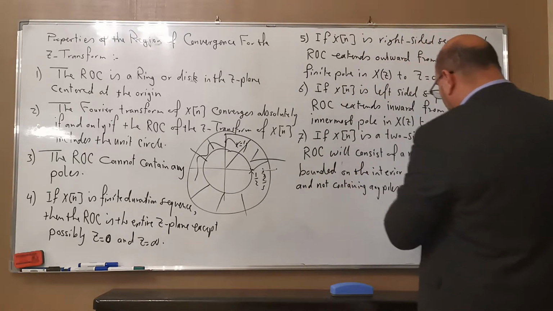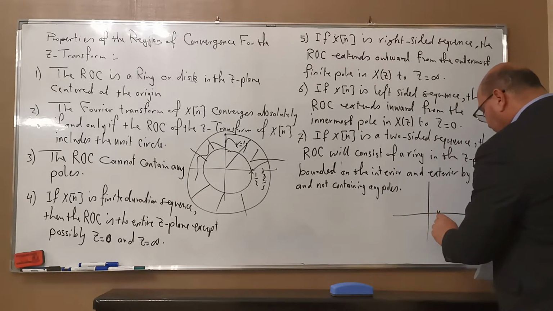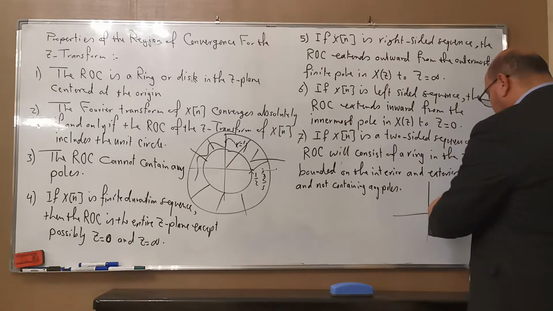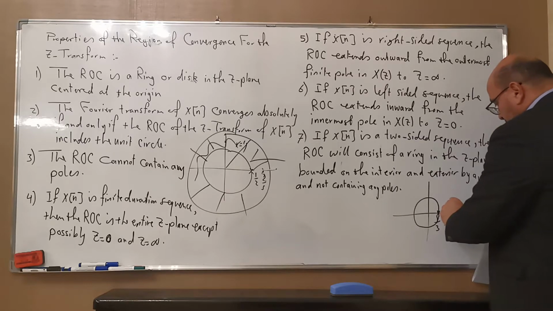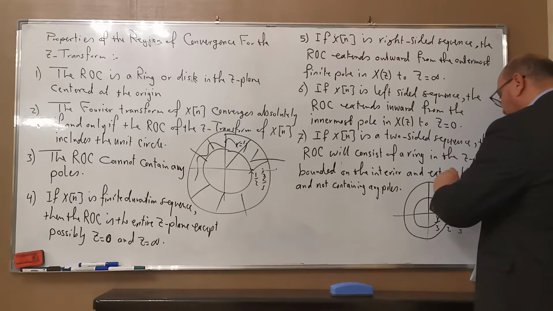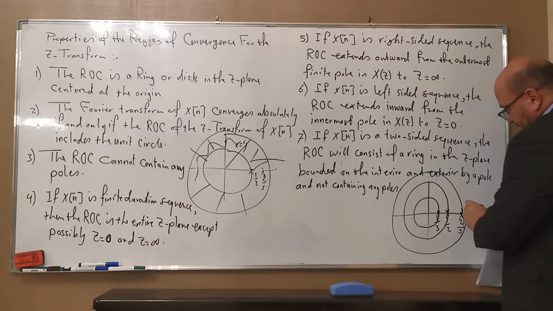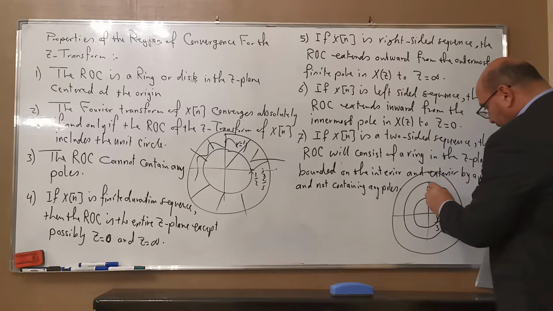So you can imagine something like this. If you have 3 poles, let's say 1/3, 1/2, and 2/3, you have 3 poles. So the region of convergence could be the interior of 1/3, between 1/3 and 1/2, between 1/2 and 2/3. So, or it could be from 2/3 and outside. Now, for the two-sided sequence, it's either this one.